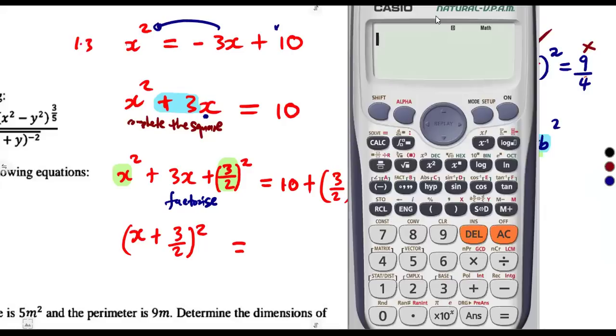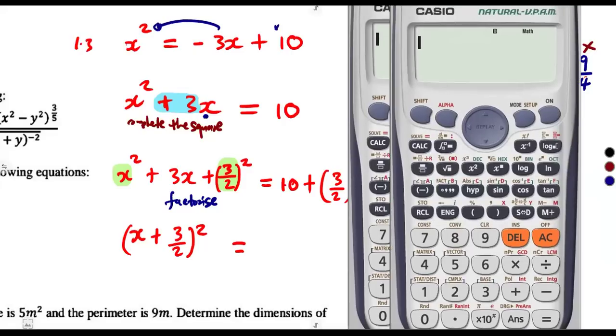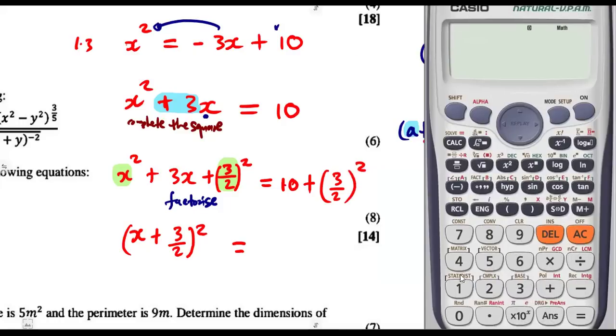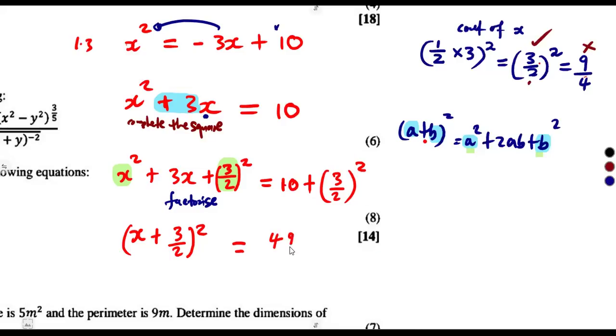So if you had to consider this part, I just need 1. So this is 10. So you're going to have 10 plus, open a bracket there, 3 over 2 squared. So that is going to be 49 over 4. So that's it, 49 over 4.